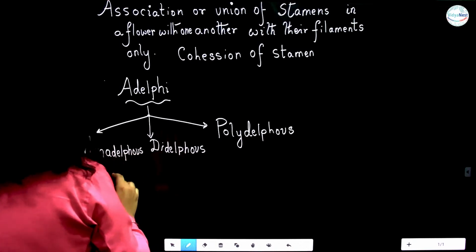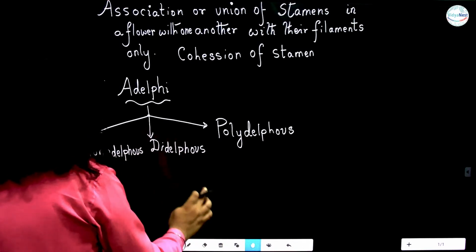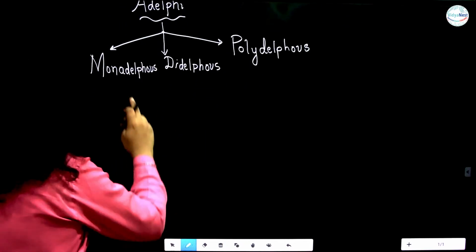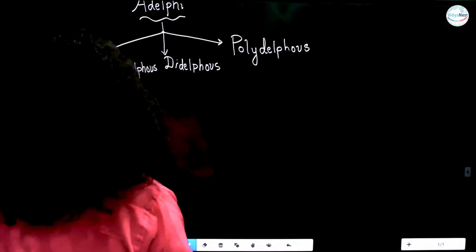In case of monadelphous, what type of association is present?